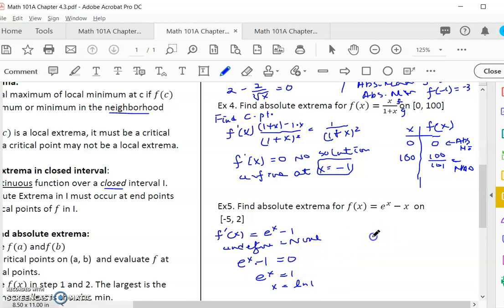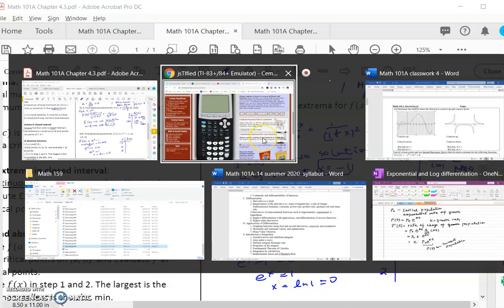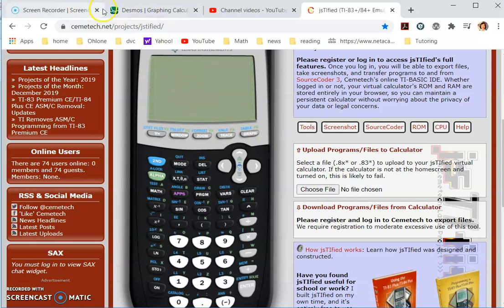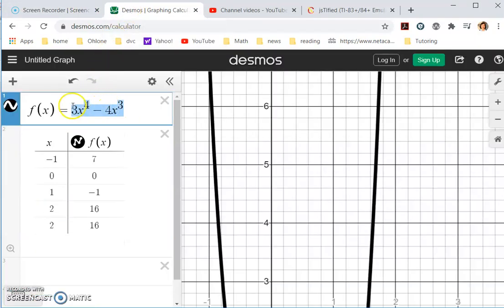So we have a table of x, which is -5, ln 1, and 2. Is ln 1 greater than 2 or less than 2? I don't know. ln 1 is 0, right? ln 1 is 0. So 0 is in between -5 and 2. So we put it here. And this is our f of x, e to the x minus x. So I'm going to just use decimals, it's a little faster.